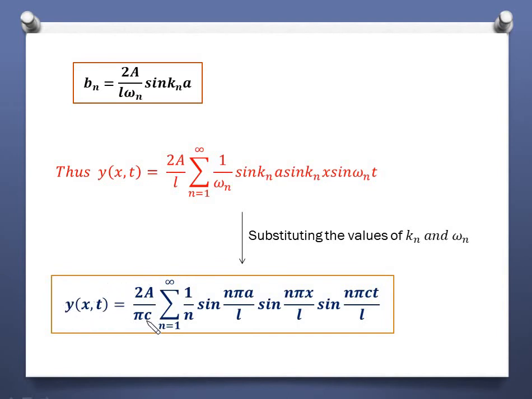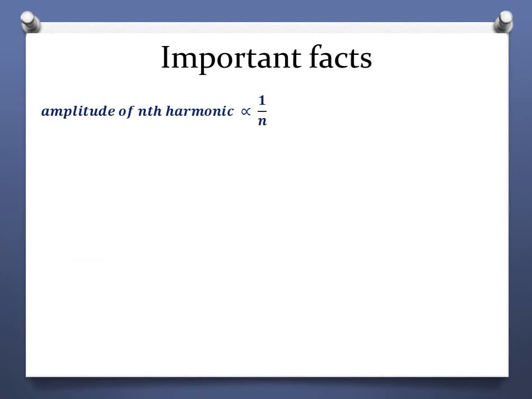Now one thing you can note from here, that it contains 1 over n. For a plucked string, there was 1 over n squared. So what we can note, the important fact is, the amplitude of the nth harmonic is proportional to 1 over n.